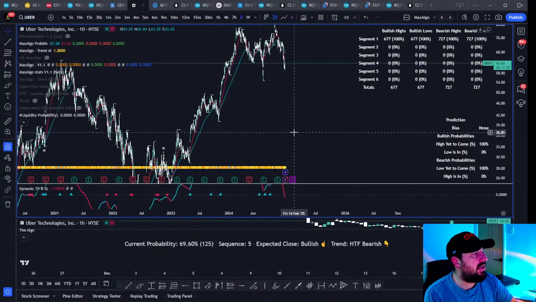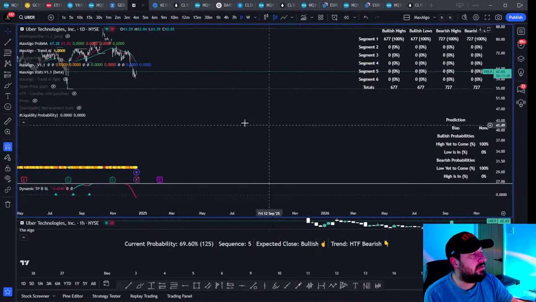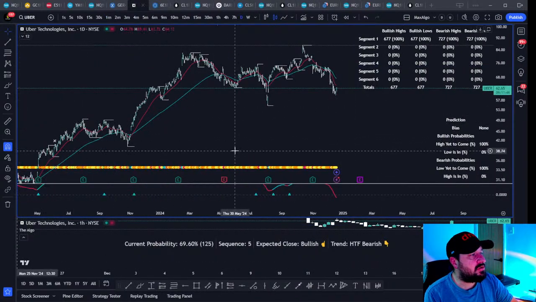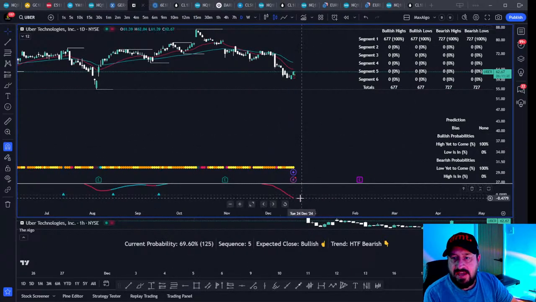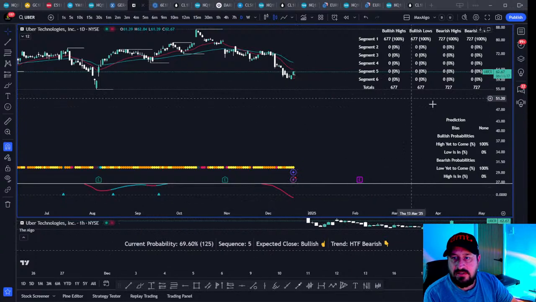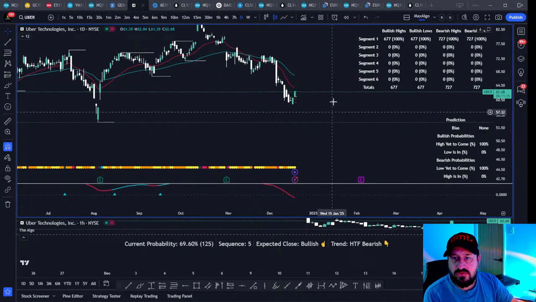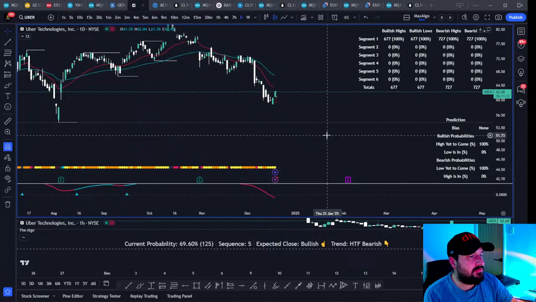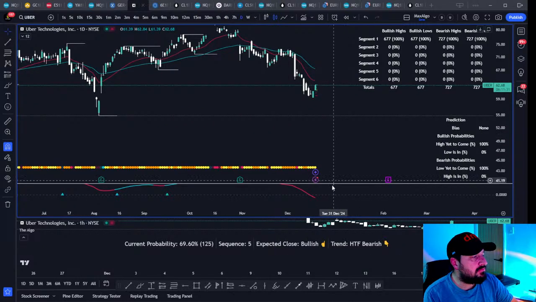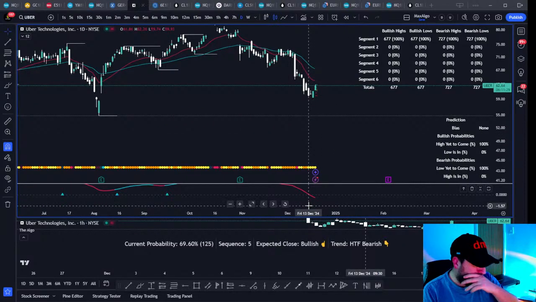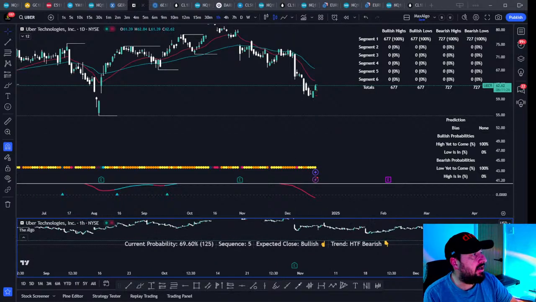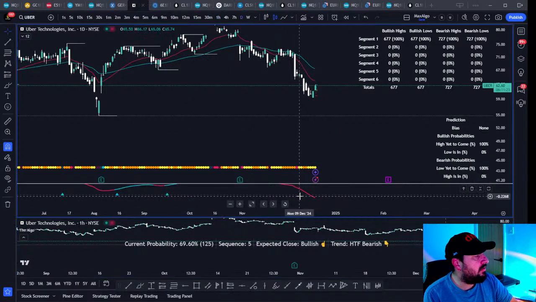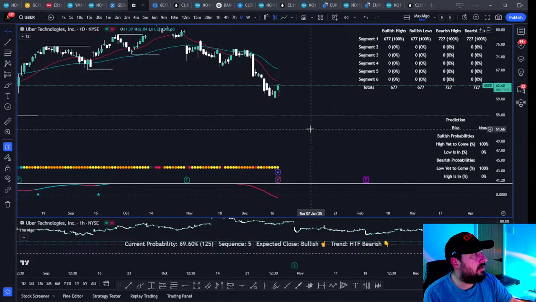I was looking at Uber yesterday. Don't know if anyone trades stocks. But I am very interested in a potential short on Uber, right? We've just come below the zero line on the daily.